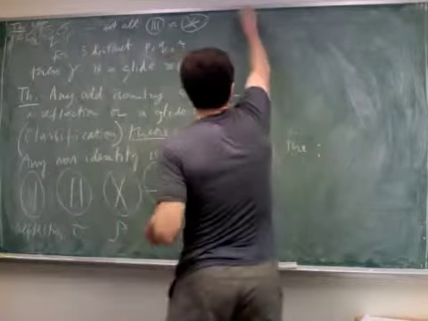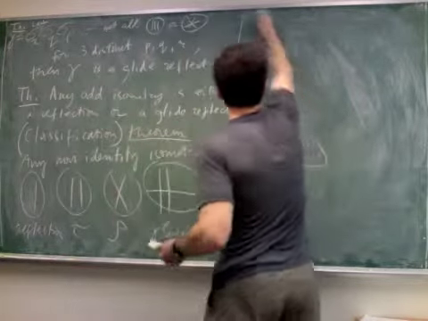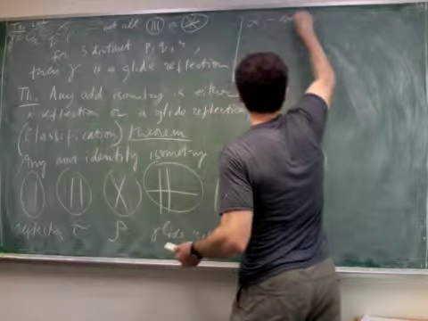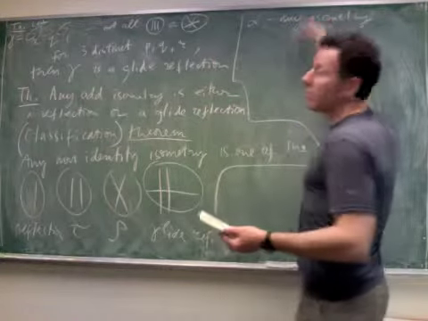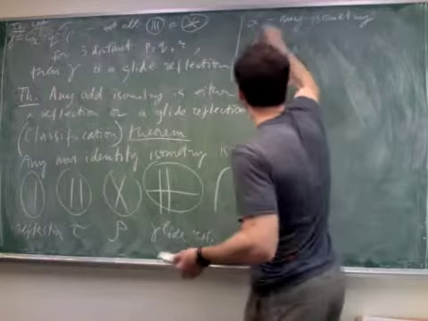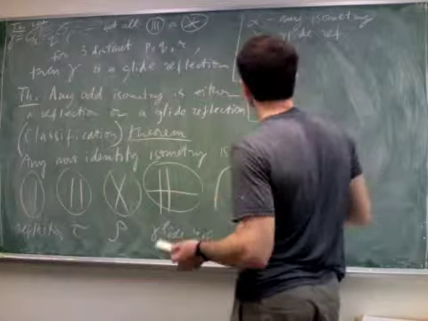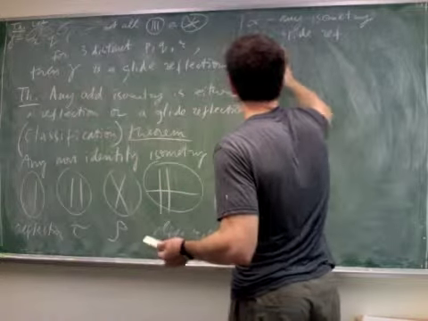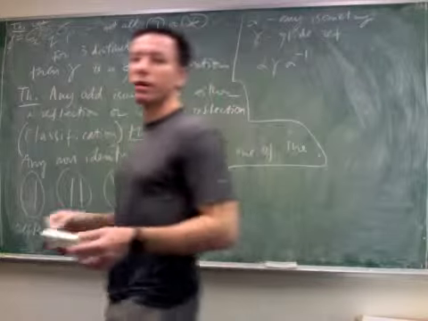So let alpha be any isometry, and gamma is a glide reflection. Then we can say that alpha gamma alpha inverse must be a glide reflection.